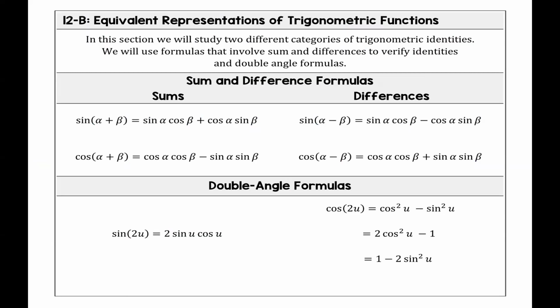So up first, we have sums. So the sums for sine and cosine, this is the rule. If you're adding two angles together and you're finding the sum of it, it expands to be sine of alpha plus beta: sine of the first angle times cosine of the second angle plus cosine of the first angle times sine of the second angle.